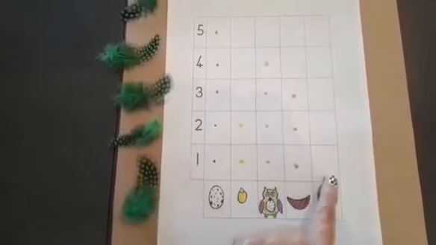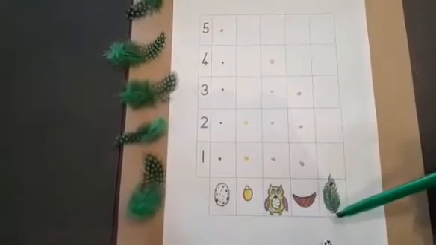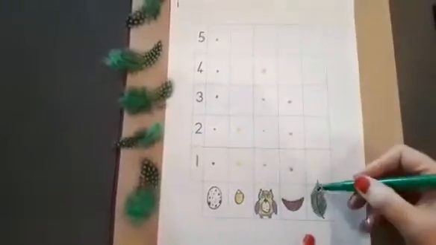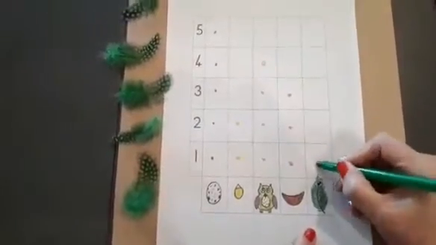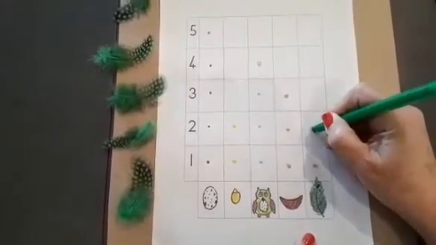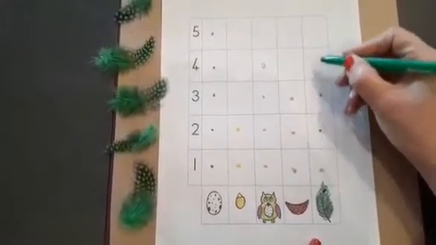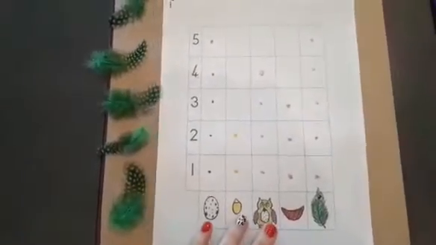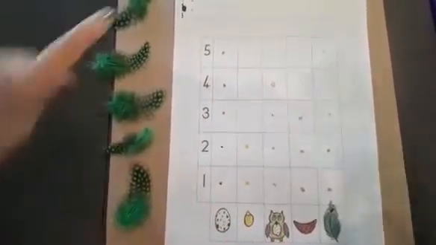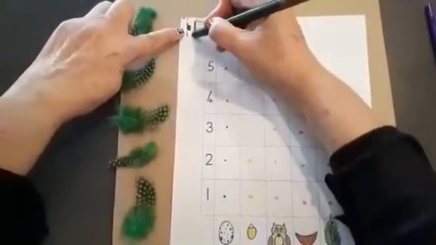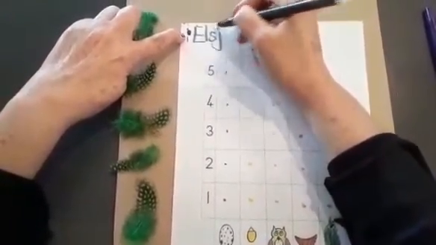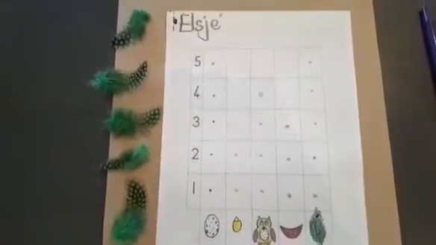And we start from the bottom in the row where the feather picture is. 1, 2, 3, 4, 5. Let's write our name on the left hand side of the paper. Now I'll be back shortly to show you what it looks like.